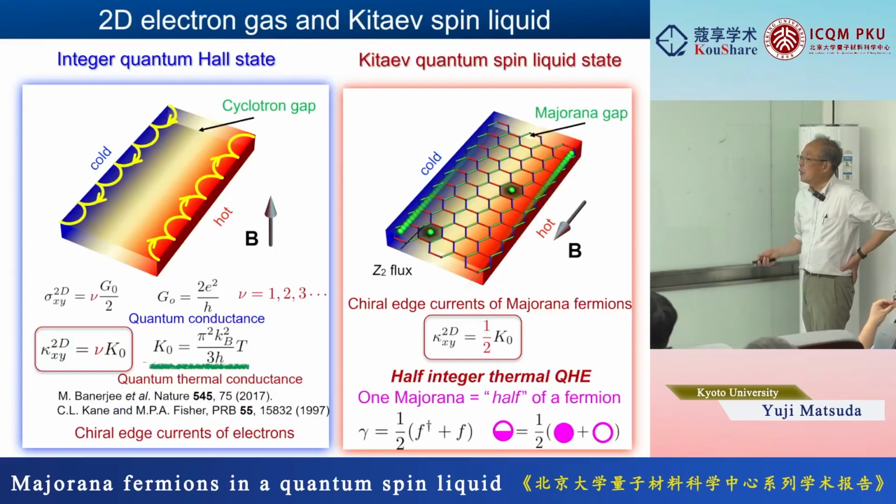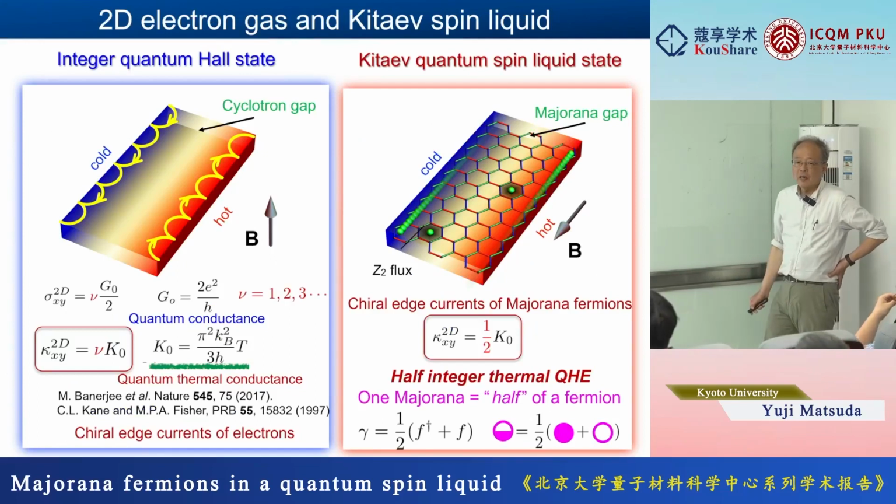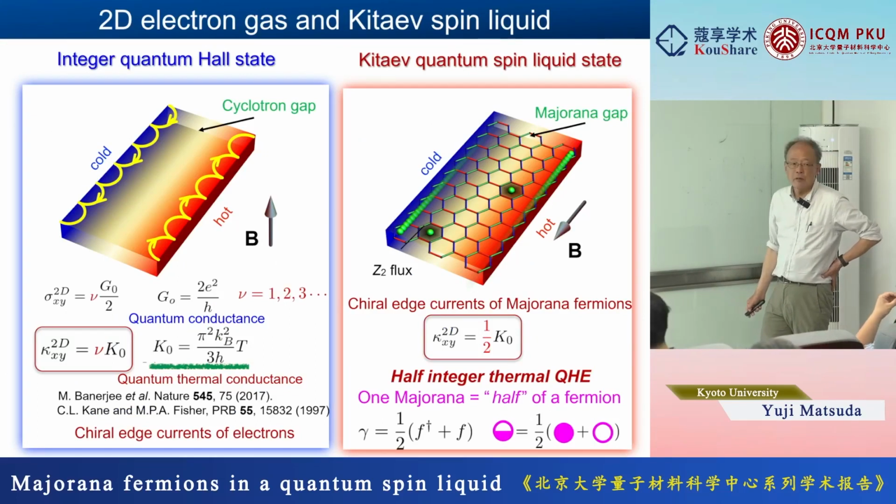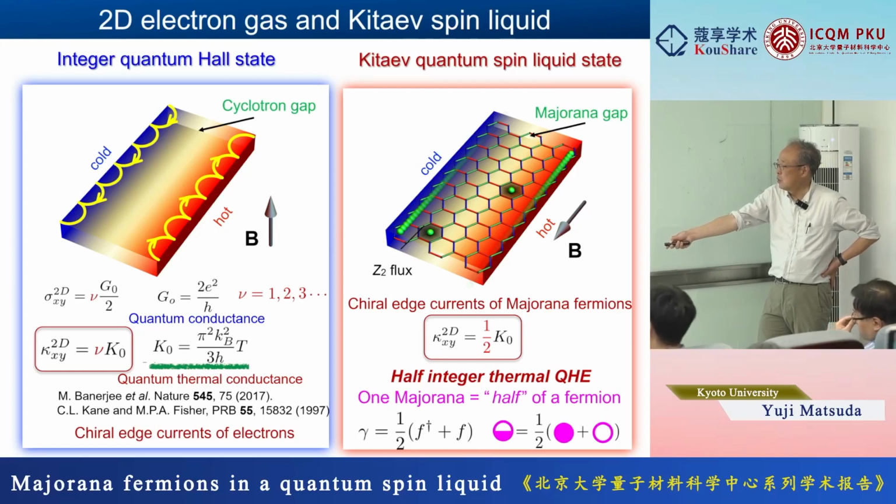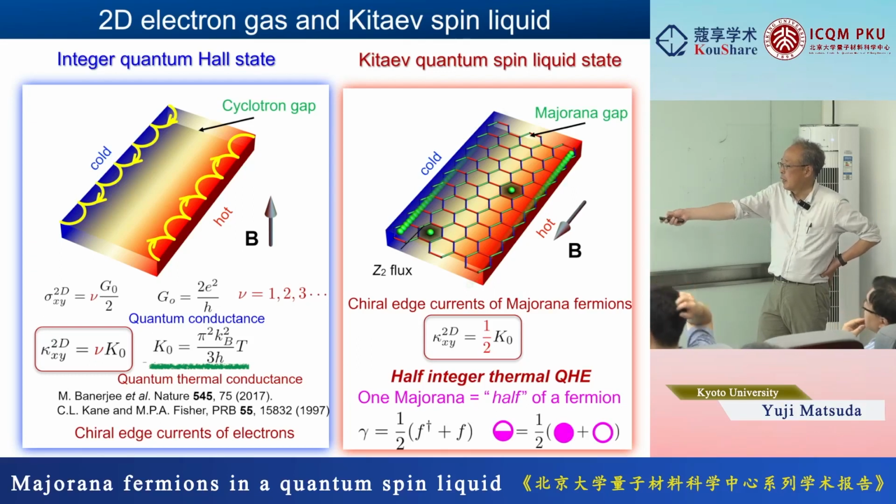Let me compare this result with the integer quantum Hall effect. As you know, in the integer quantum Hall state, sigma_xy is quantized in units of the quantum conductance. At the same time, kappa_xy is quantized: the thermal Hall conductance is quantized in units of the quantum thermal Hall conductance. This charge and thermal current is carried by the chiral edge current of electrons.